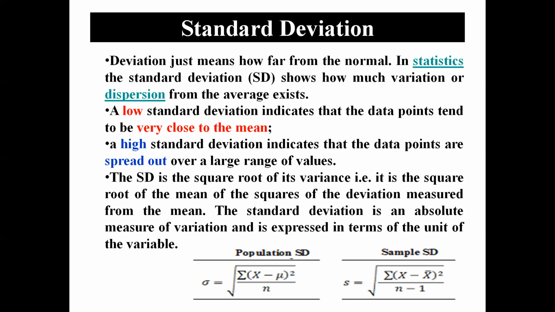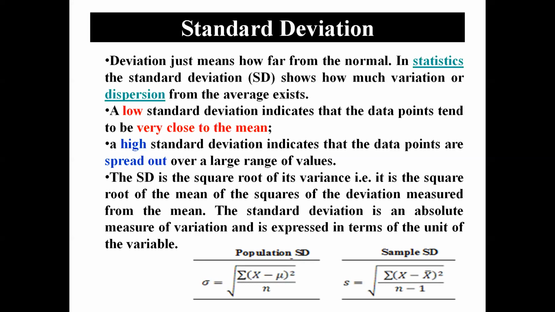And statistically, what is standard deviation? It is the square root of its variance, or it is the square root of mean of squares of deviation measured from the mean. I think you have studied standard deviation and all these aspects in your statistics course.